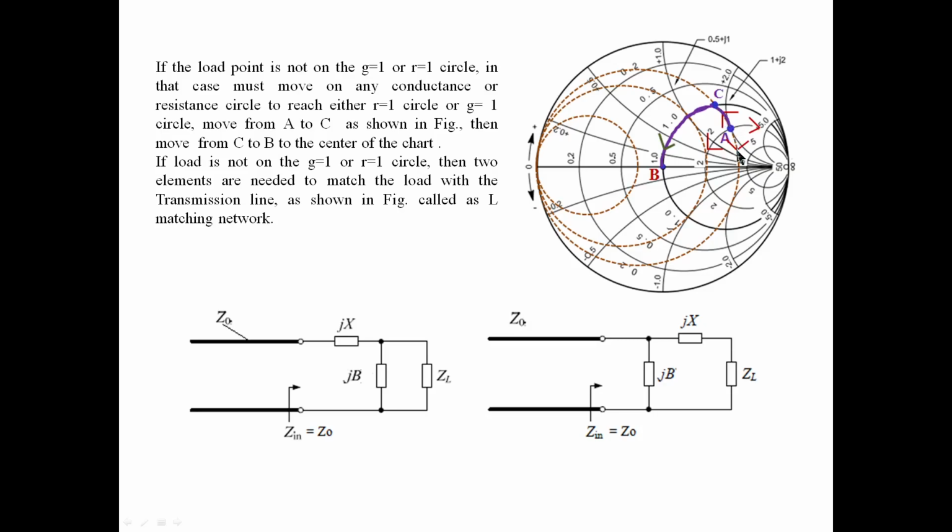First you should identify these two: one resistance circle and one conductance circle sure pass through our point.